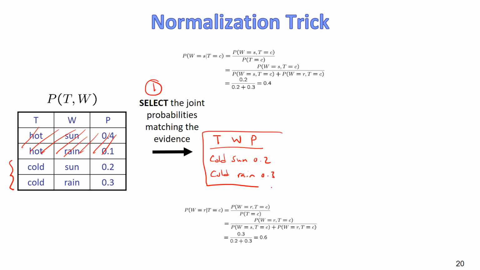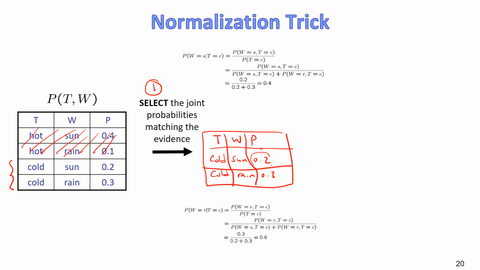So that's the table after the first step. Now, before the second step, these two values are actually the numerators.